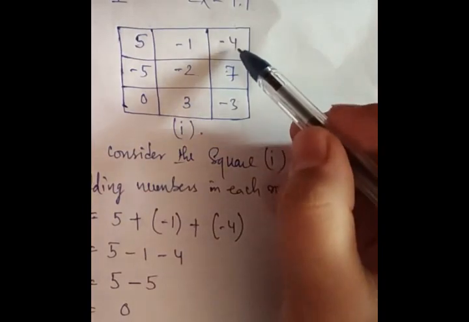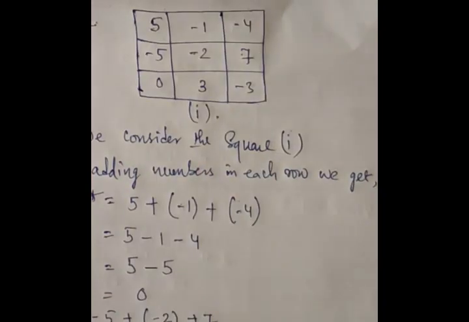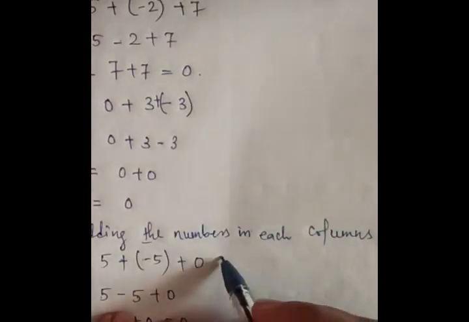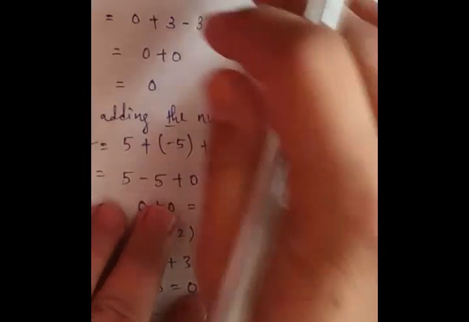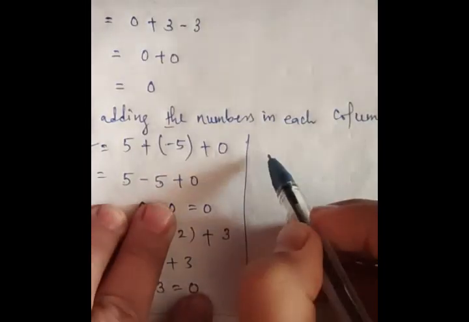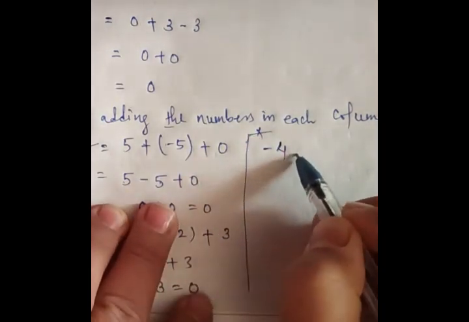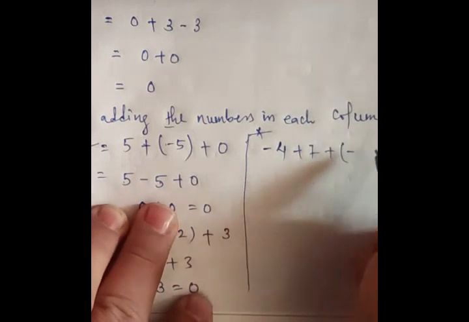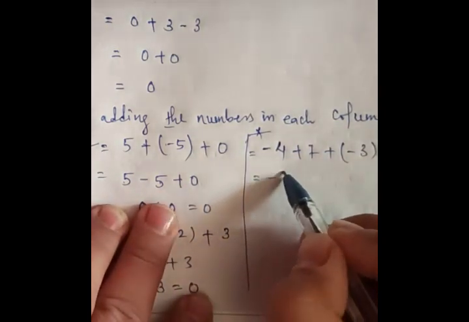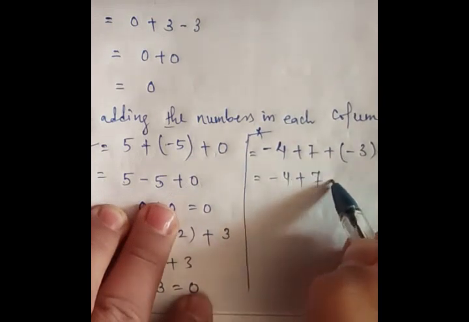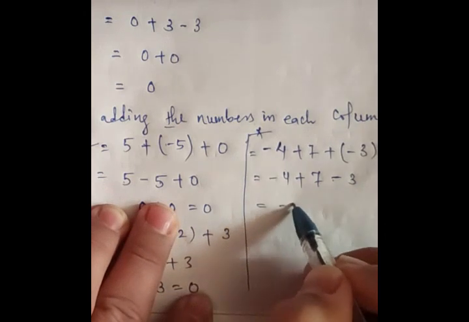We have minus 4, 7 and 3. I'm solving here. This is your third column: minus 4 plus 7 plus minus 3 is equal to minus 4 plus 7 plus minus is minus 3.